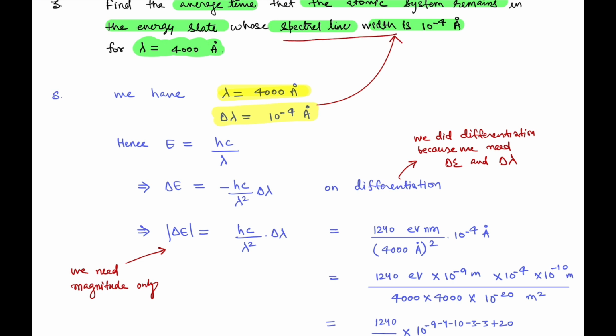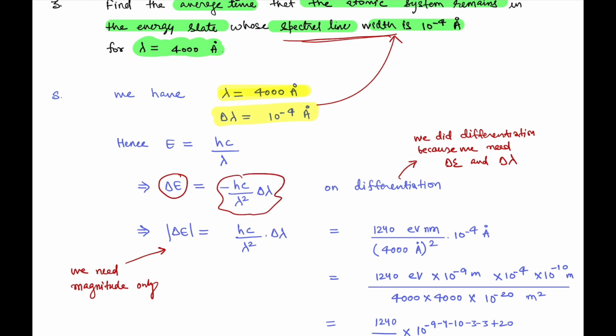Here we have given a spectral line width. So from this equation we could get energy, that is energy is nothing but hc upon lambda, and when you find the derivative of energy, it is going to be delta E is equal to minus hc delta lambda upon lambda square.